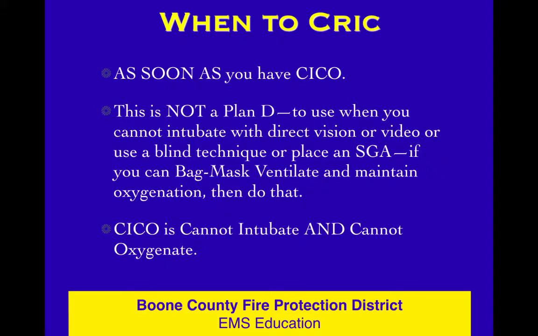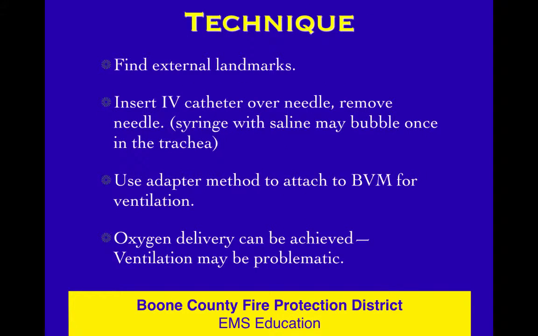Now, again, you're going to get to oxygenate your patient okay with this technique, but the ventilation is probably compromised. And that's okay. We'll take oxygenation over ventilation for a short period of time. Technique: find the external landmarks, find the cricothyroid membrane, basically start an IV on it with your catheter pointed toward their feet a bit.